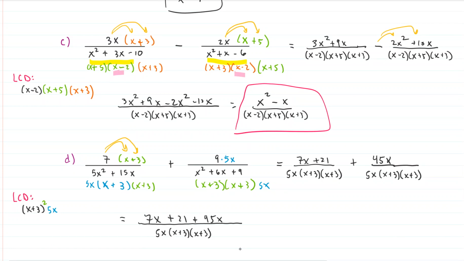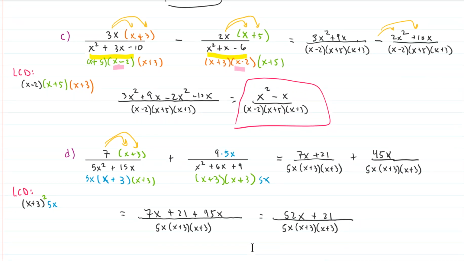We have 7x and 45x, that's 52x plus 21. And in the bottom, we have our common denominator. All right, we're done with that one, at least.